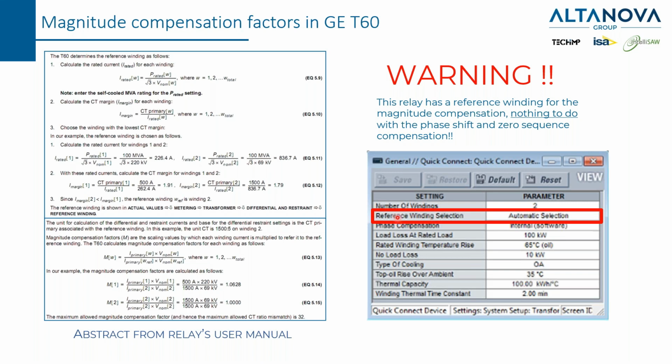I know it's confusing, but try to read this 10 times and keep it well in mind in order not to be confused in the future. If you change this parameter and follow this logic, you are able in the end to calculate the magnitude compensation factors, which are in the end these two.